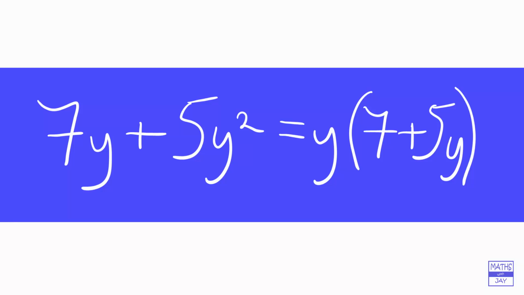Now up until now, we've just been looking at examples that have 2 terms. But in fact, you can use factorisation when you have more than 2 terms. So let's have a look at an example that has 3 terms. So we've got 3 terms here, 8d minus 4y plus 10p.